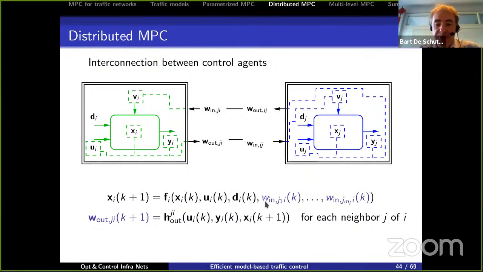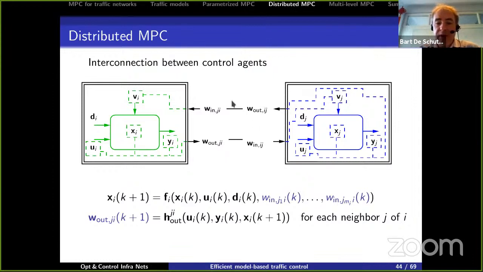If we want to be more specific, we can even look at different inputs from different neighbors. So the J's are the neighbors of agent I, and each of these neighbors generates an inflow. And likewise, the agent will also create an outflow towards its neighbors.